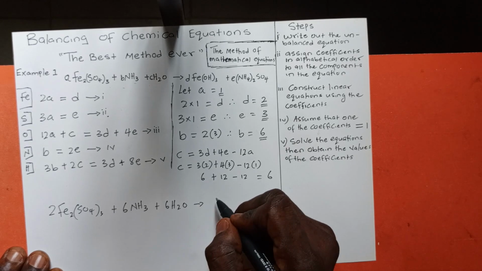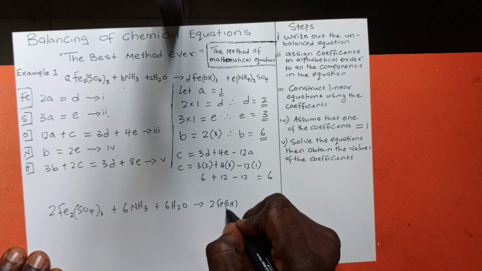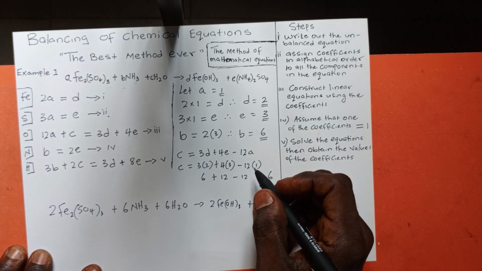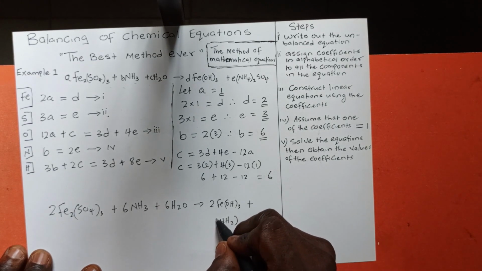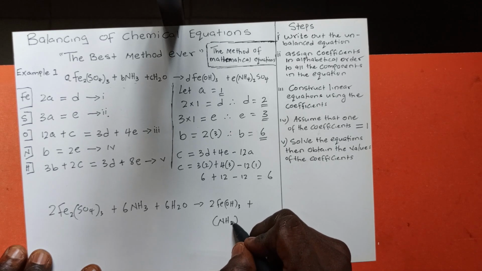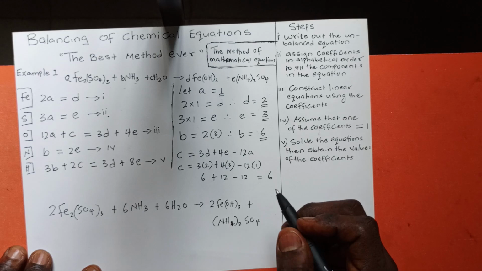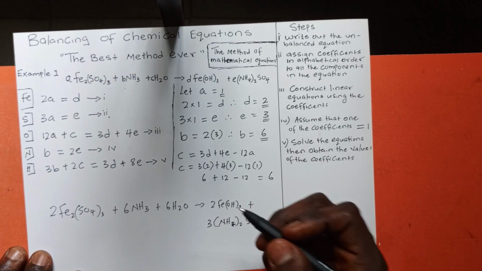Then I now have 2Fe(OH)3 plus I have (NH4)2SO4, then what I have outside here is 3. This is my balanced equation.